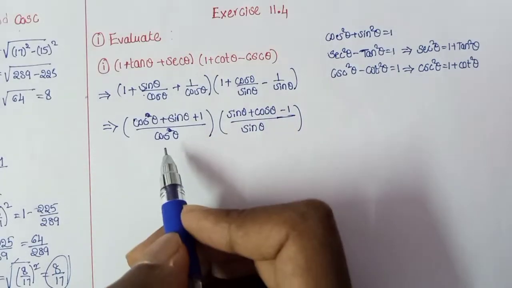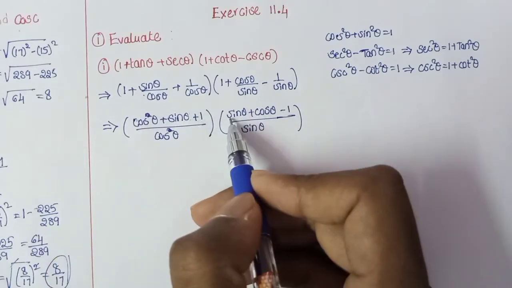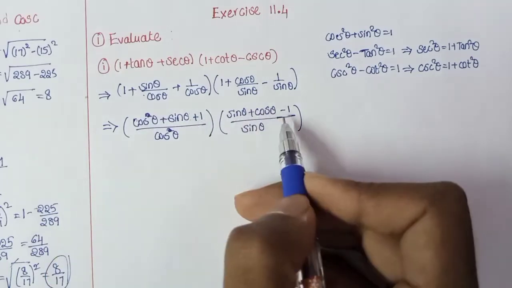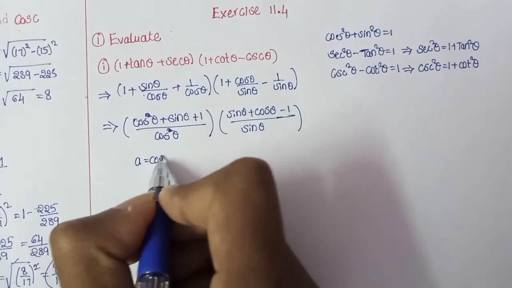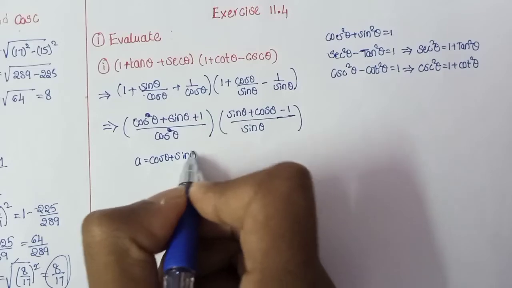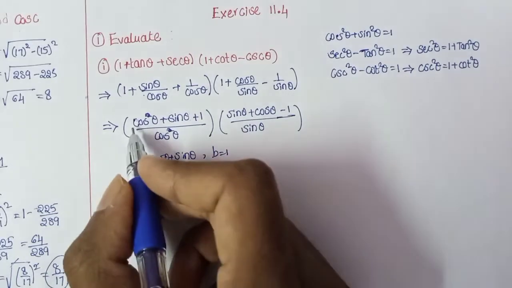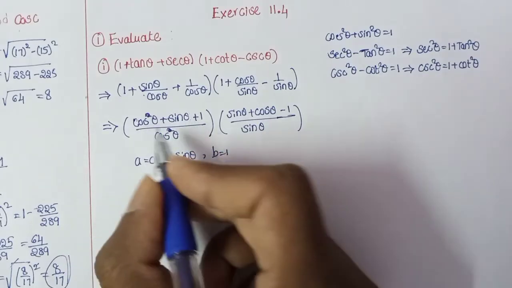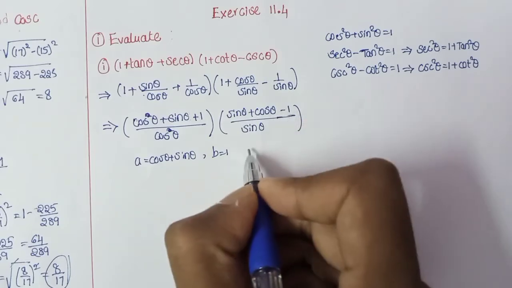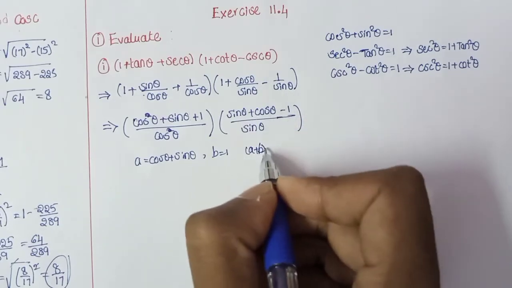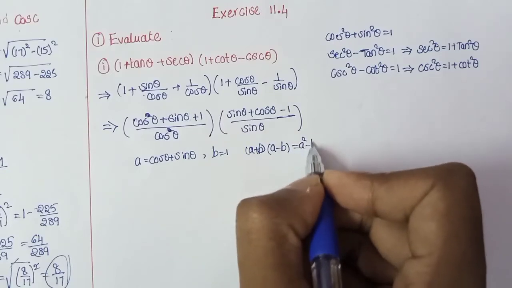Here if you observe, cos theta plus sin theta plus 1, and cos theta plus sin theta minus 1. If you consider A is equal to cos theta plus sin theta, and B is equal to 1, you can represent this as A plus B into A minus B, which is equal to A square minus B square.